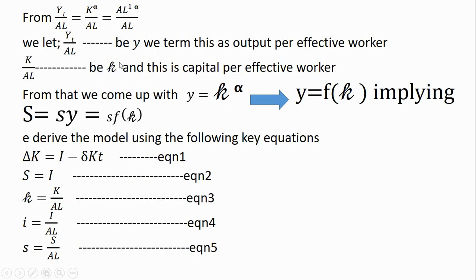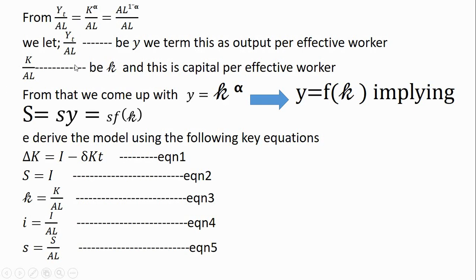This symbol is kappa, and this is no longer capital stock, but it is capital per effective worker because you've divided by effective labor. Now, since we have AL over AL, they will go, and remember 1 power any number remains 1. So since this goes to 1, we are remaining with kappa power alpha.